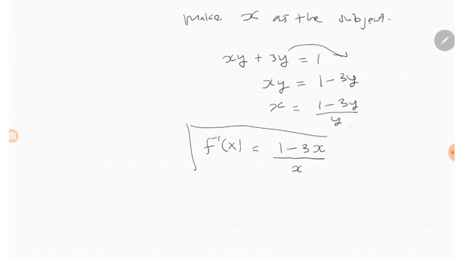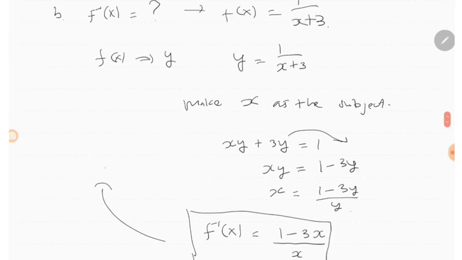So boom, this is the inverse of that function. Okay, you got it? This is how you find the inverse.